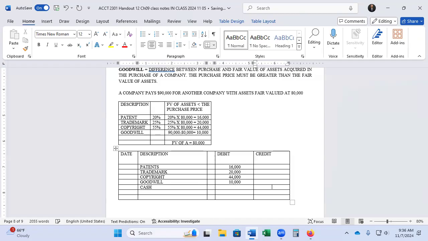Less what we paid, 90,000 in cash. This is from the last class, so you probably have it, but in case you don't, this is the one we just did. Okay, any questions?